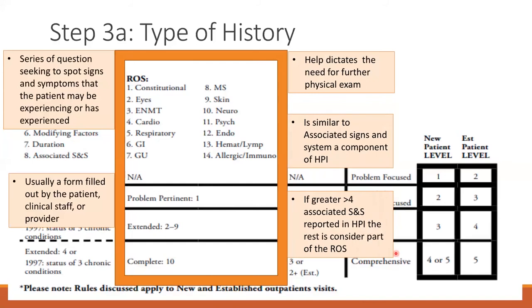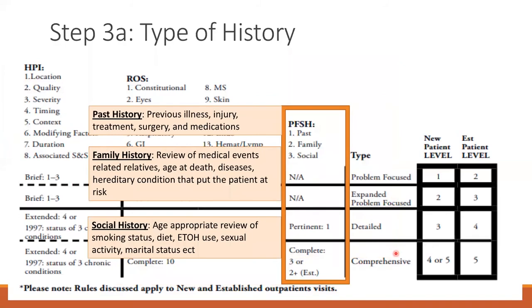Now, the PFSH, or past, family and social history, is really pretty straightforward. It's not required for 99201 through 99202 or 99212 through 99213, but they are required once you go into the more moderate levels of service, your 3s and 4s and 5s.